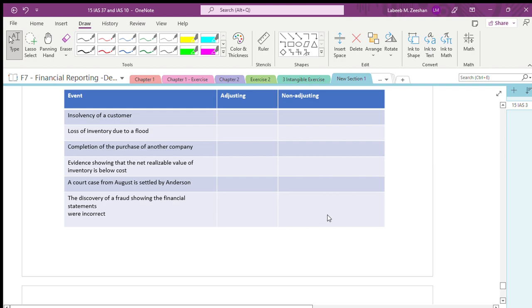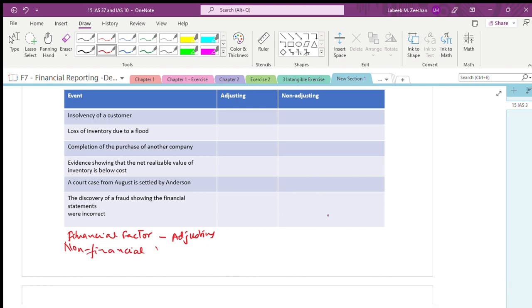Is it insolvency? What is the precondition? If it is related to a financial factor, it is adjusting. If it is a non-financial factor, definitely you have to think.